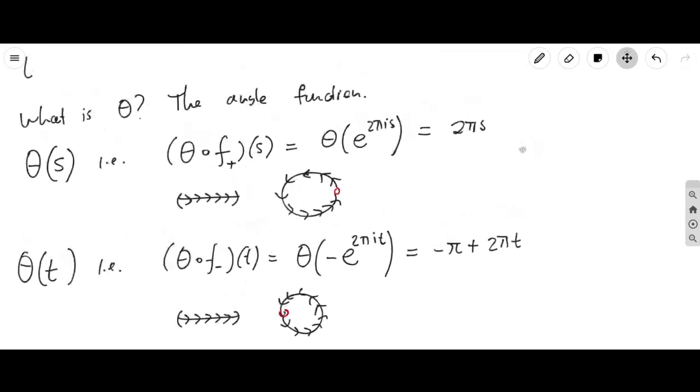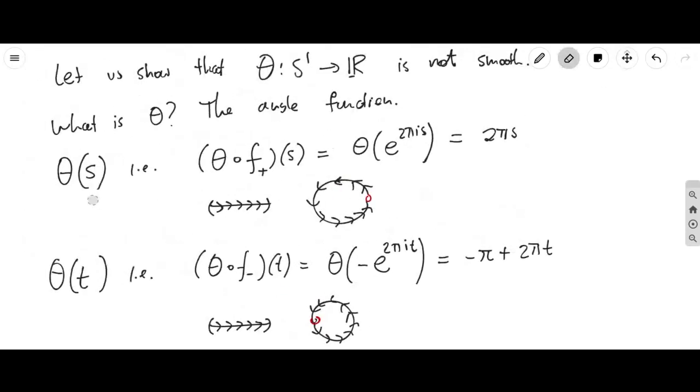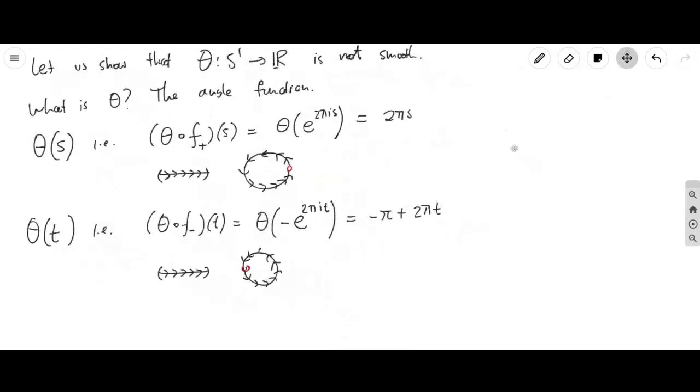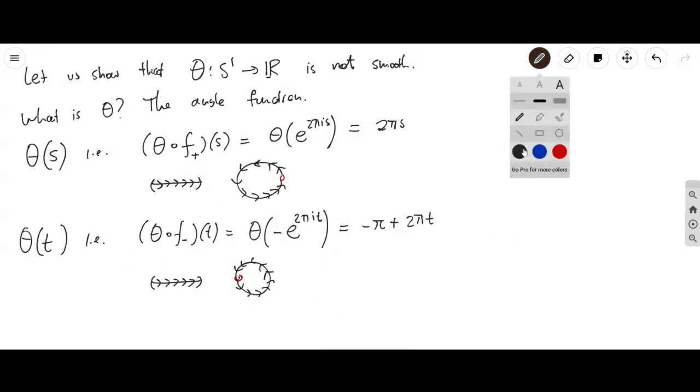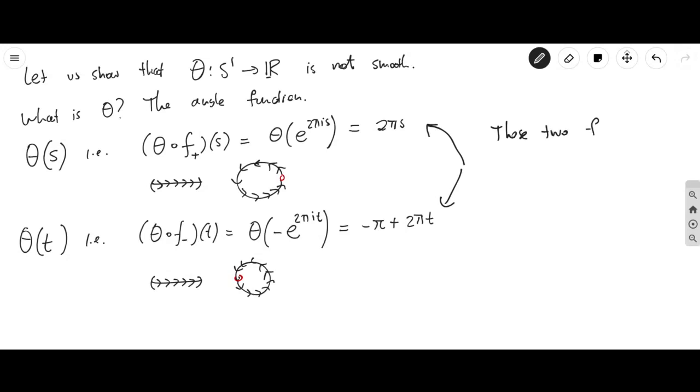So it makes sense that in the s coordinate, in other words, in the positive chart, you define the angle function like this, and in the negative chart, you define the angle function like that. Now, what I would like you to observe is these two functions. Clearly, these two functions are smooth.